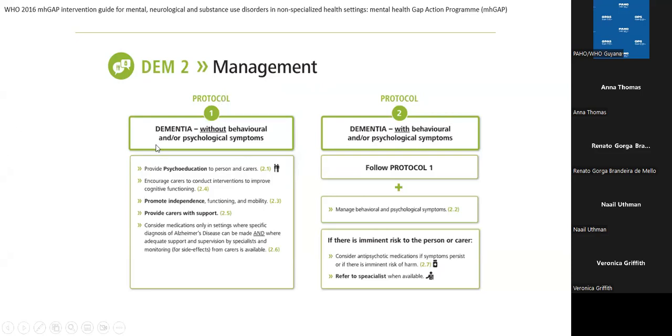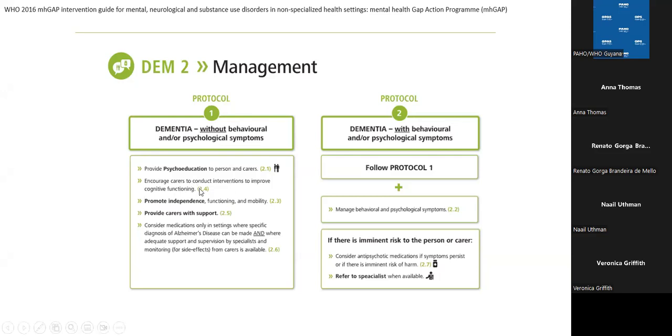If you diagnose dementia without behavioral and or psychological symptoms, the main course of action is to provide psychoeducation to the person and carers to explain what is happening and what is to come. This is the most important conduct here.